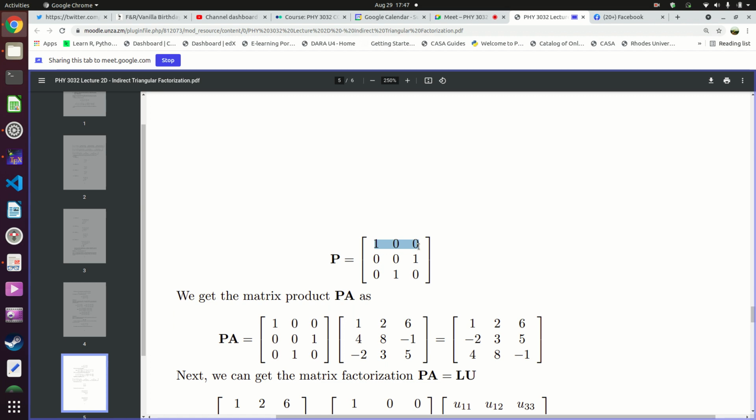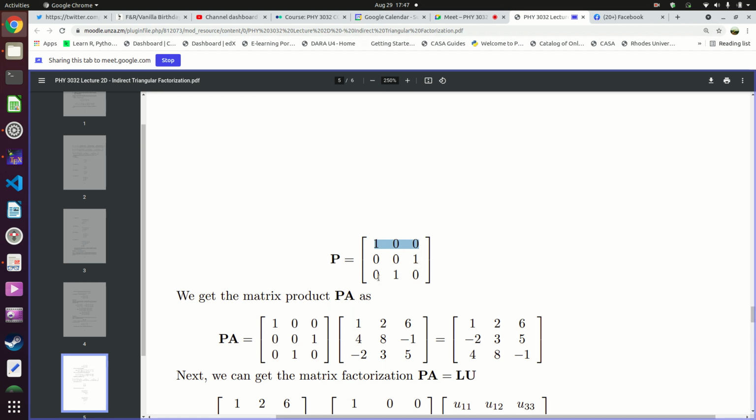So I don't want to change the first row. The only thing I want to do is change the second row and the third row of this matrix A. I want to leave the first row the way it is. Because when you're creating a permutation matrix, you start with an identity matrix: 1, 0, 0, then 0, 1, 0, then 0, 0, 1.